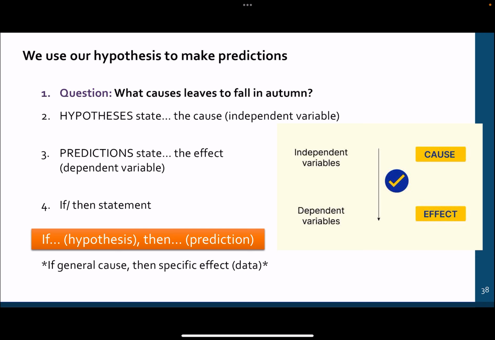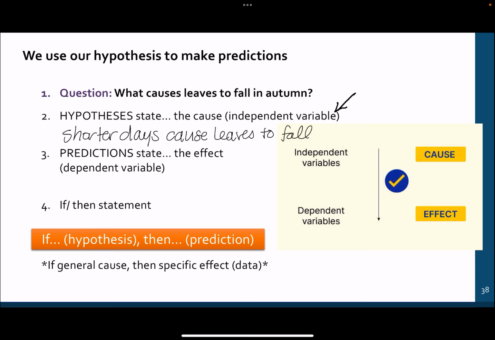Now, if you remember from a previous video earlier in the lecture, we said that shorter days cause leaves to fall. And from our video on designing an experiment, we know that the independent variable is going to be our cause.